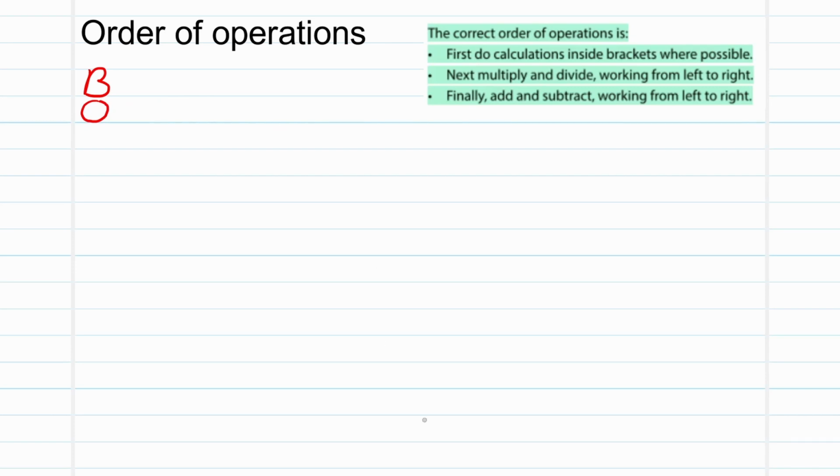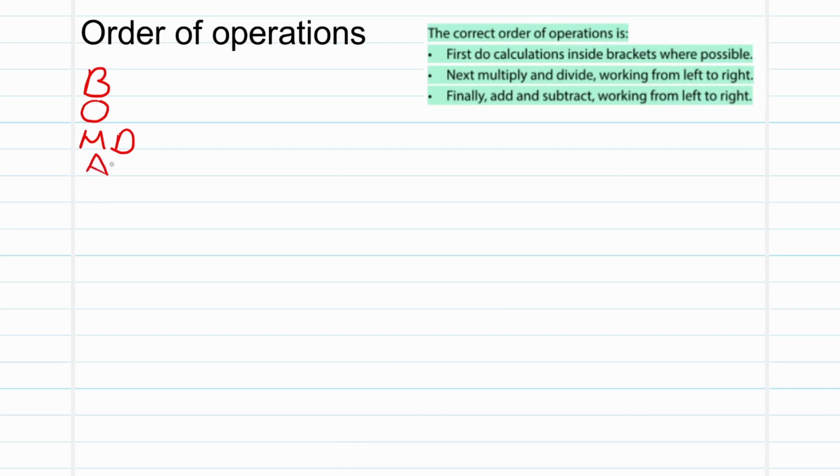Okay, and afterwards we would like to do the multiplication and divide, and those you will apply from the left to the right. Doesn't matter which one is first, meaning if it's multiply and divide, whichever one is on the left, that's the one you apply first. So that's then multiplication and divide, and then from there on finally we add and subtract, also applied from the left to the right.